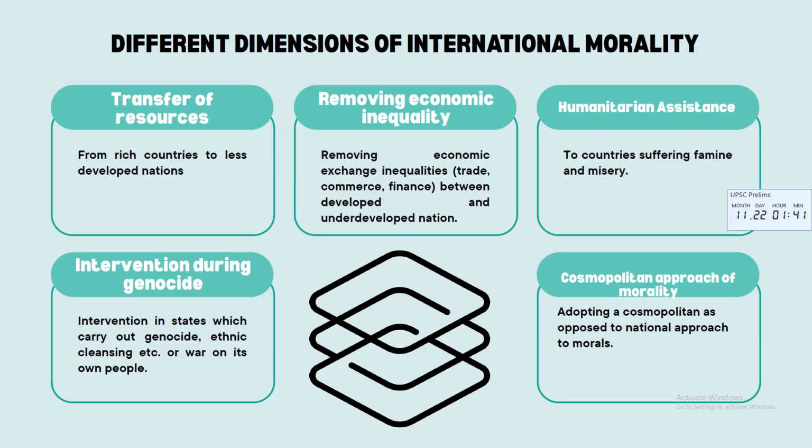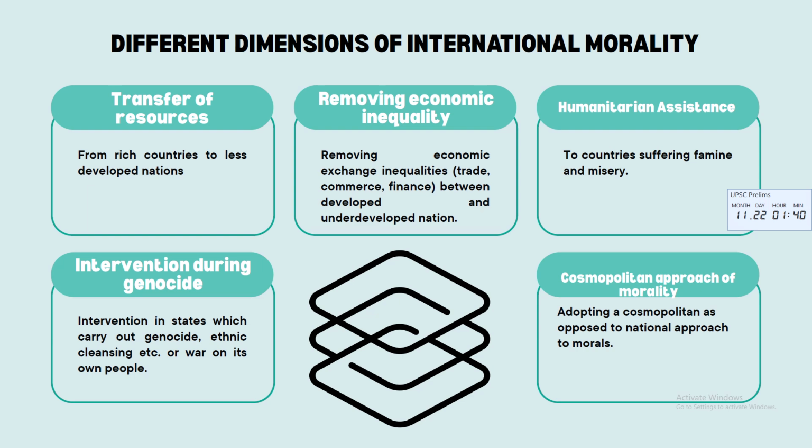Now let us look into the different dimensions. Transfer of resources. A transfer of resources must happen from rich countries to less developed countries. But in reality, it usually goes from poor countries to rich countries, and thus the rich countries become richer and poor countries become poorer.